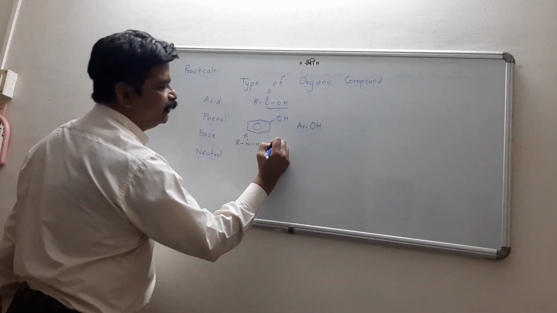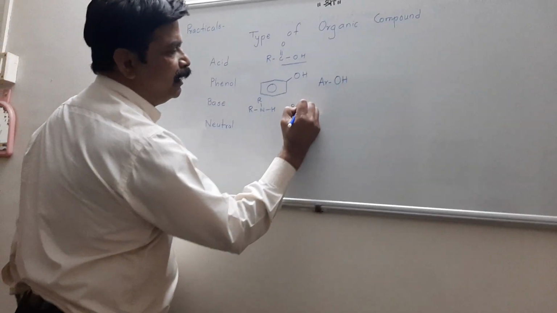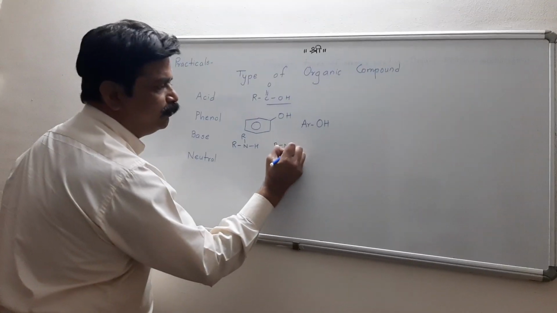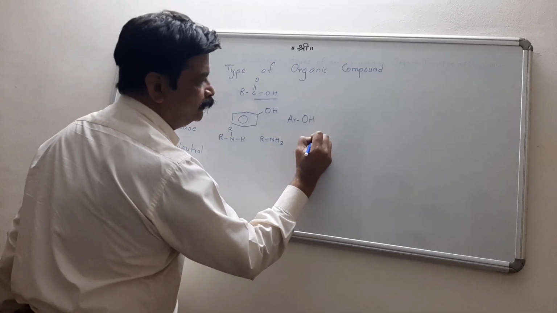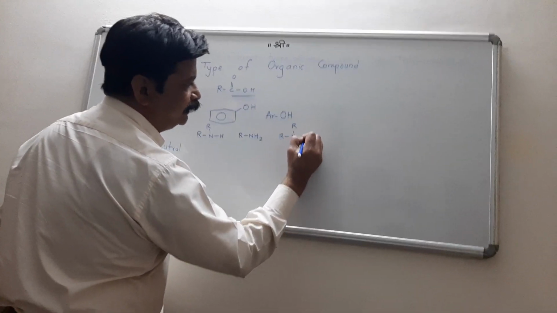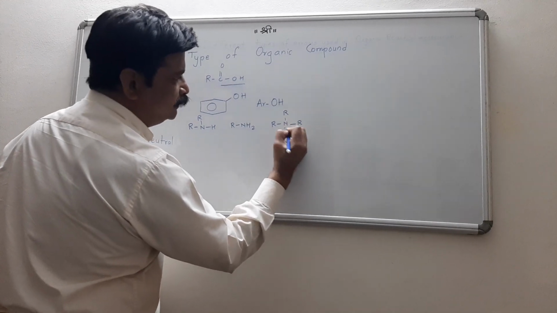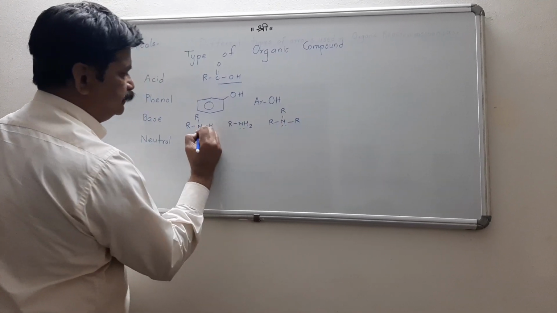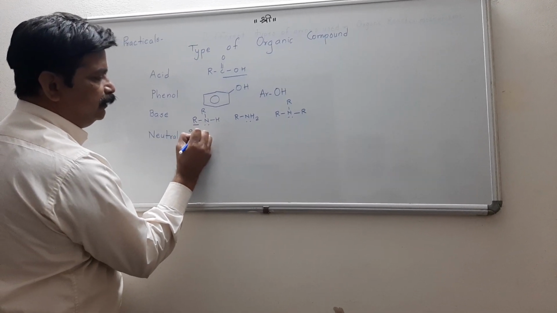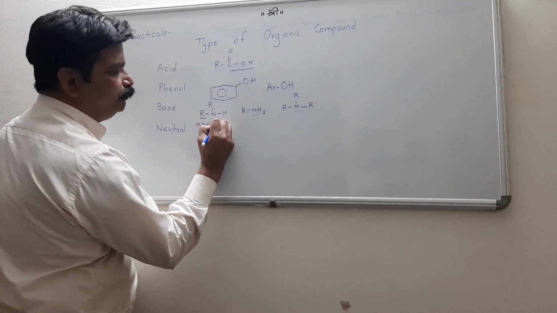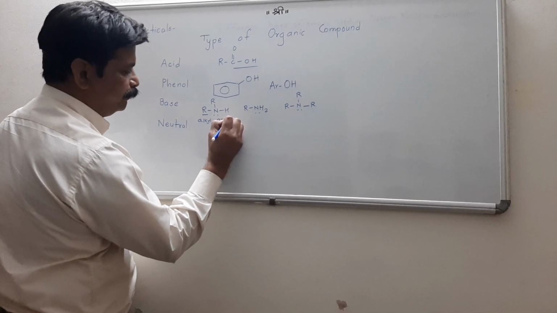R2NH is a secondary amine, RNH2 primary amine, R3N a tertiary amine. All these are bases. This R may be alkyl or this R may be aryl.